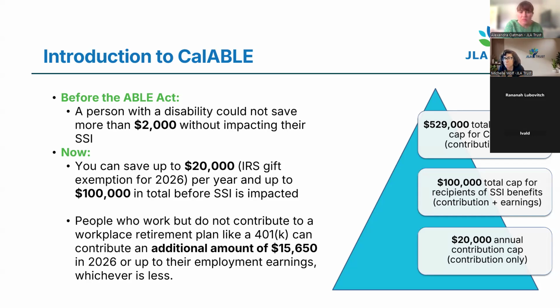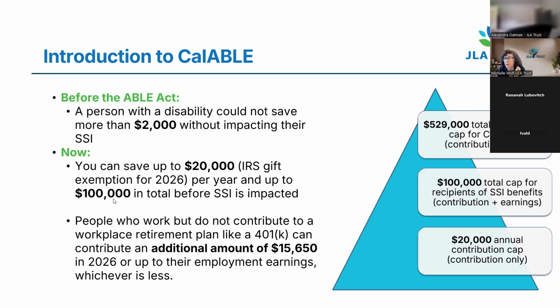So CalAble is part of the National ABLE Act. As we talked about before CalAble, you could not save more than $2,000 or risk losing your SSI or your Medicaid-linked SSI. Now, you can save up to whatever the IRS gift tax exemption is for that year. For 2026, it happens to be $20,000.